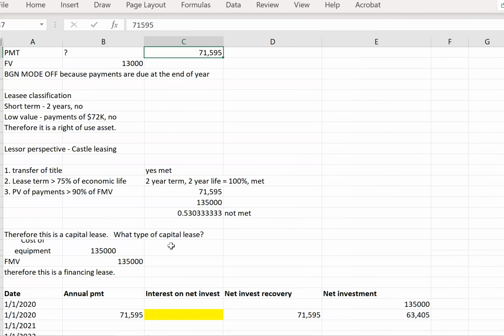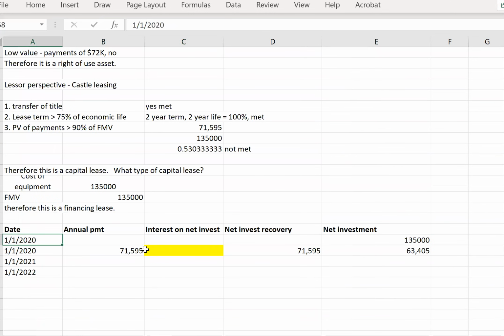And when we run our lease amortization schedule, the lease is signed on January 1st, 2020. But now we're going to change it to say December 31st, 2020, December 31st, 2021, and December 31st, 2022. So 2021, it's only 2 years. So this is an entire year, and this is a year.